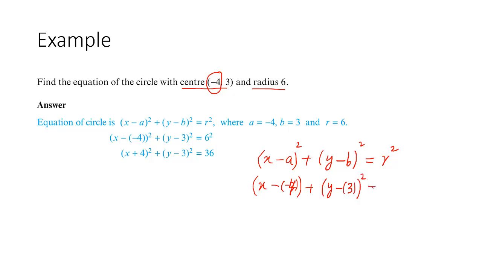Whole square, and r is 6 square. Just doing simplification, this minus minus will become plus. It is (x plus 4) whole square, and it is (y minus 3) whole square, and 6 square is 36. This is the equation of the circle when this is the center and the radius is this.